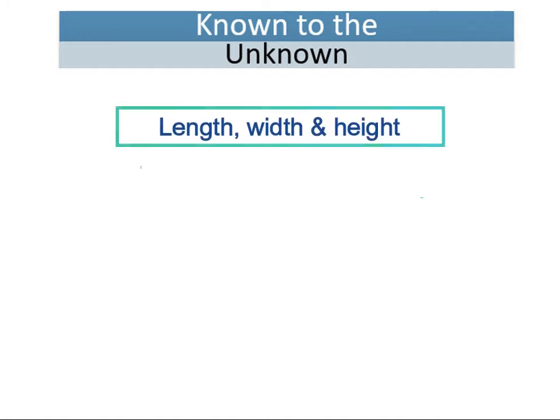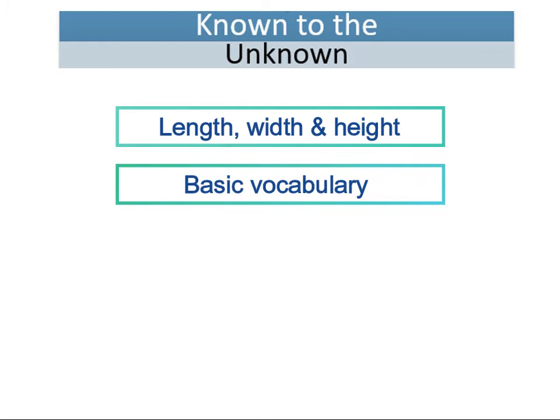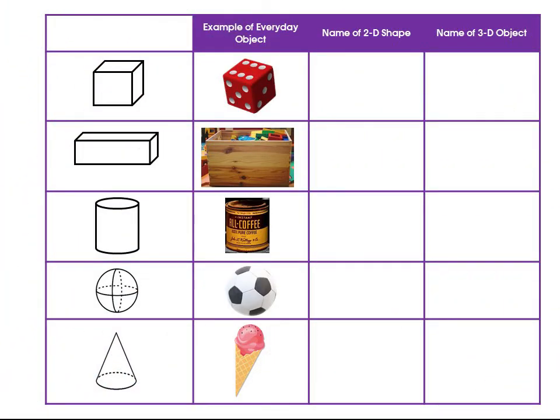Once learners have investigated everyday 3D objects, they will know that these have length, width, and height. The learners should also have developed basic vocabulary. You should now start introducing them to the names of 3D objects. Learners must be able to recognize, visualize, and name 3D objects in the environment and geometric settings. Keep on emphasizing that 3D objects are formed by 2D shapes.